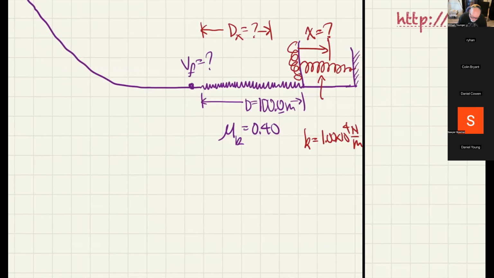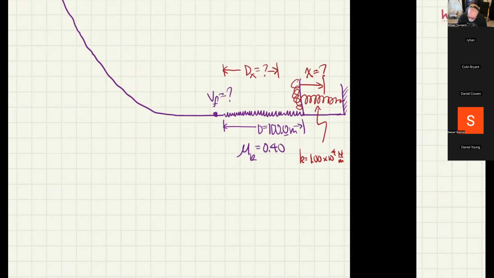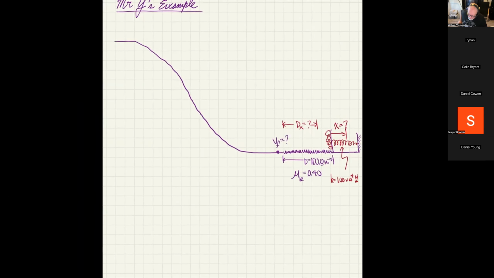I didn't write it big enough, so let me write it a little better for you. I want the spring constant to be K equals 1.00 times 10 to the fourth newtons per meter. In other words, 10,000 newtons per meter. Okay.